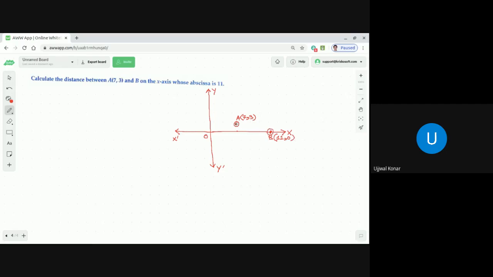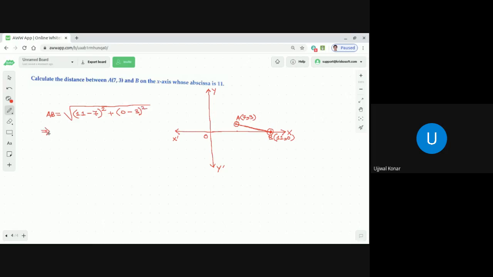So what do we need to find? We need to find the distance AB. So how can we find the value of AB? That is equal to the square root of the difference of the x coordinates of the points A and B, that is, x coordinate of B is 11 minus x coordinate of A is 7, so 11 minus 7 whole square, plus y coordinate of B is 0 minus y coordinate of A is 3 whole square.